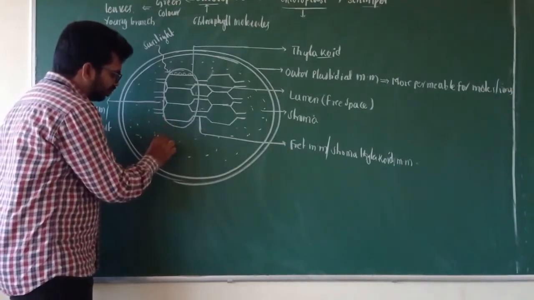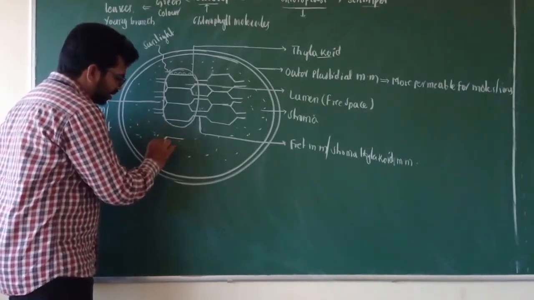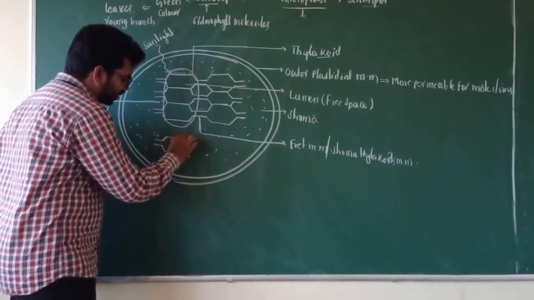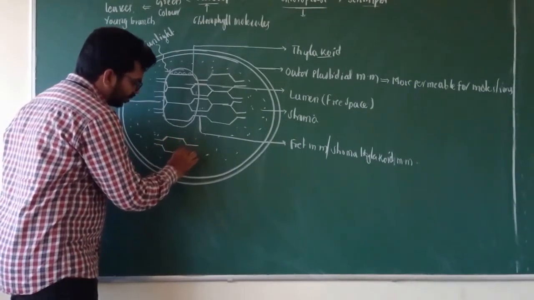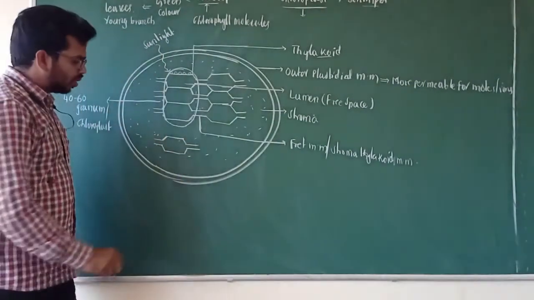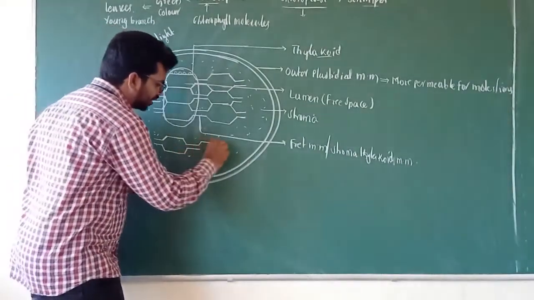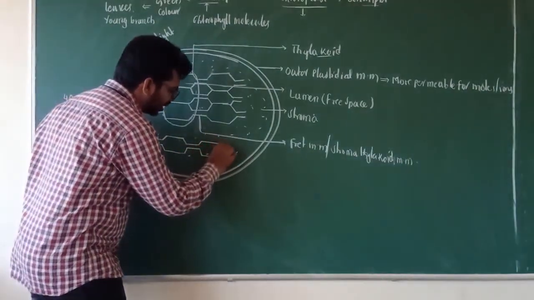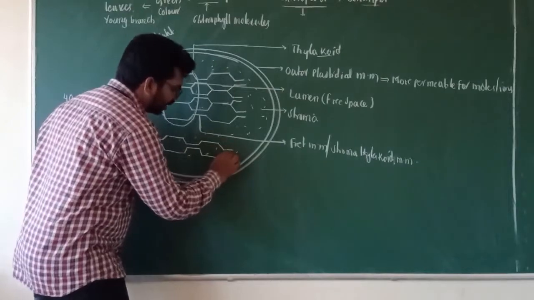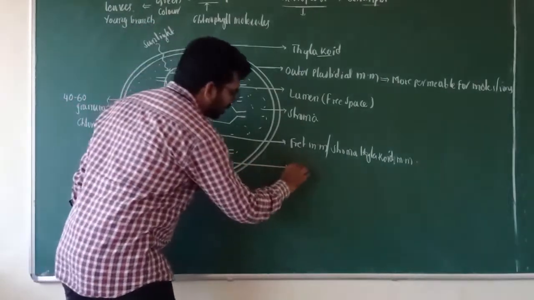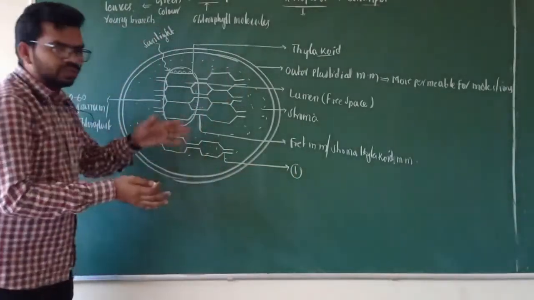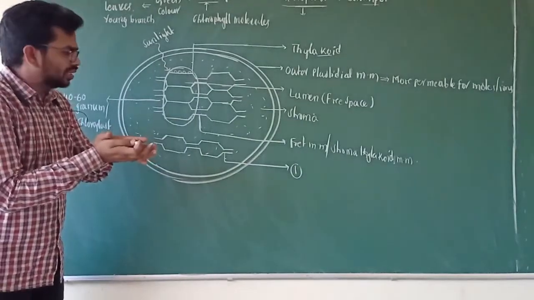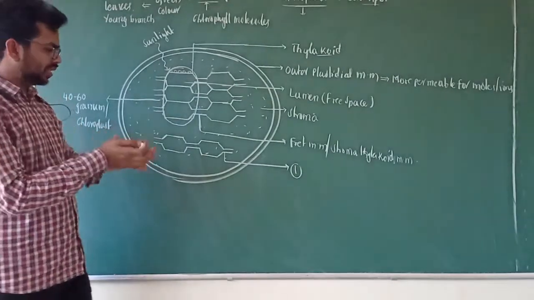Okay, and also we can see some thylakoids which do not have any connection with another thylakoid, they are free. Those types of thylakoids we call non-appressed thylakoids. What do we call them, children? Non-appressed thylakoids. Thylakoids which are attached, one thylakoid with another thylakoid, we call appressed thylakoids.